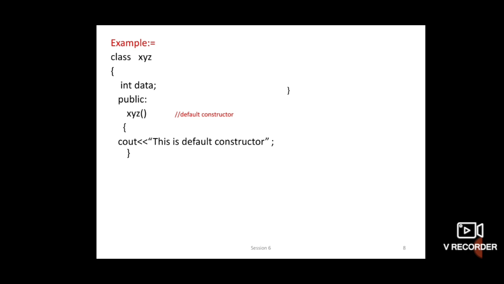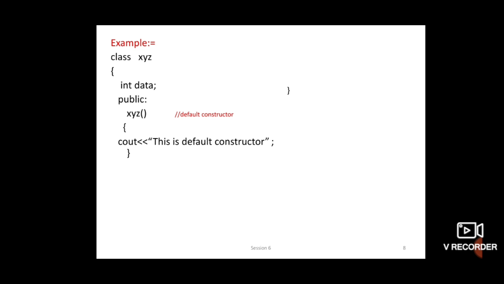Now in the default constructor, just print one statement: This is the default constructor. This program shows how to create and write a constructor, and the difference between default and parameterized constructors. Students, mostly parameterized or default constructors are used, so don't think about copy constructor or overloading constructor.